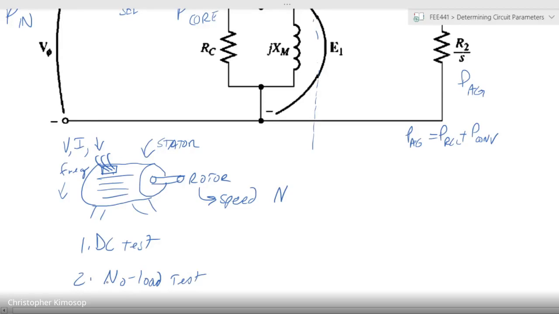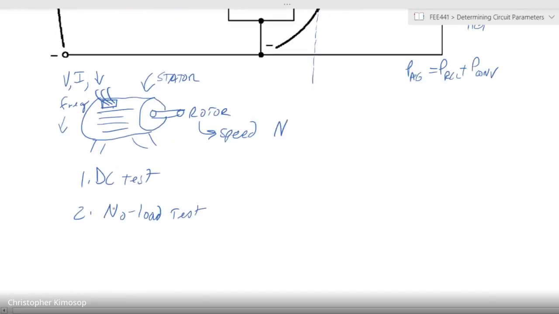And third, we will look at the locked rotor test. These are tests that are carried out with the limitations that we've said here, that you can only see the rotor with regards to its physical speed and the voltage input and frequency that you're supplying to the stator. Okay, so we'll look at those in turn.